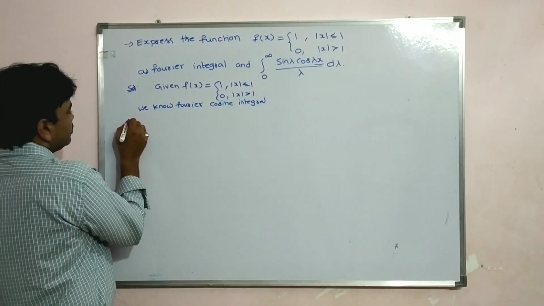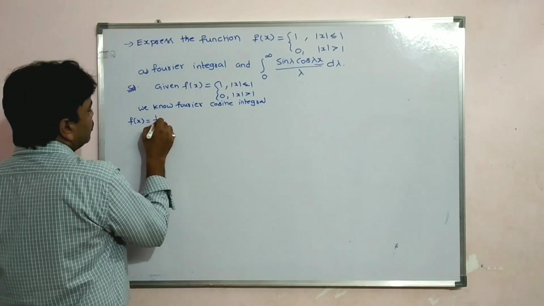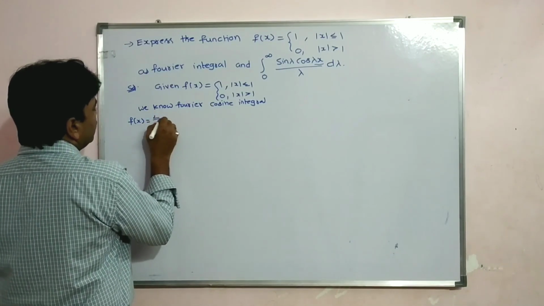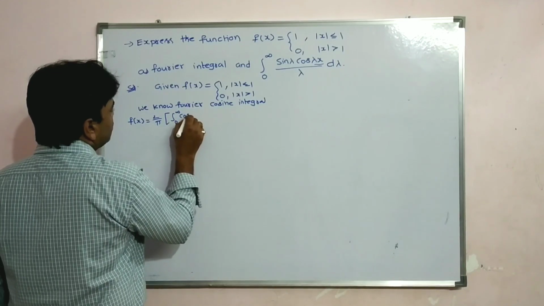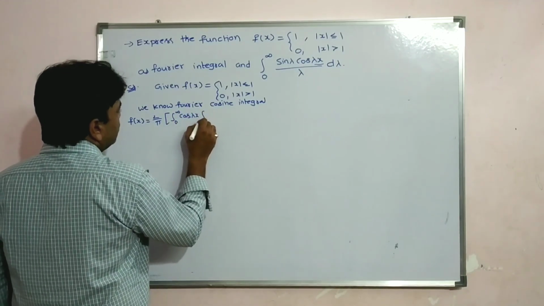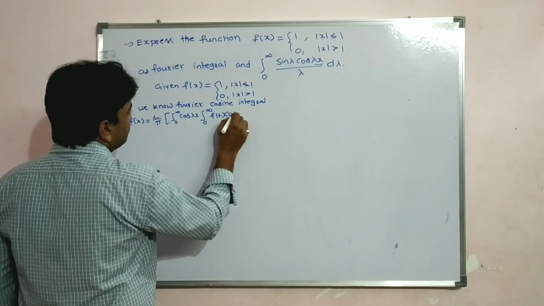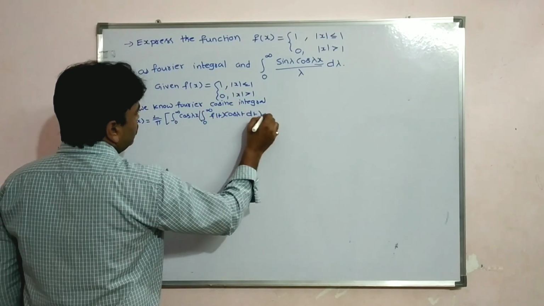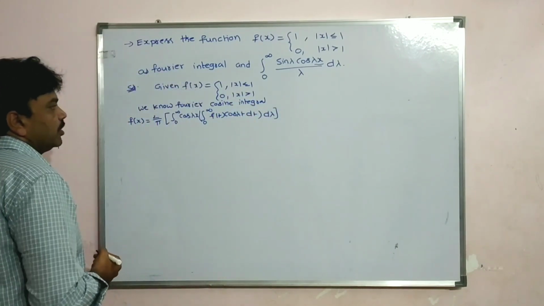What is Fourier cosine integral, students? F of x equal to 2 by pi integral 0 to infinity cos lambda x, integral 0 to infinity f of t cos lambda t dt, into d lambda.